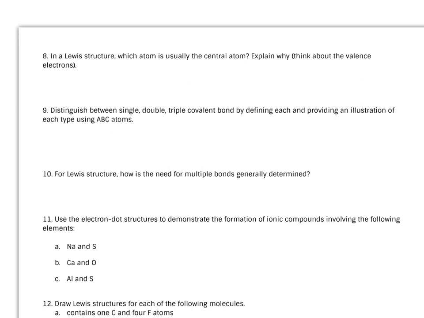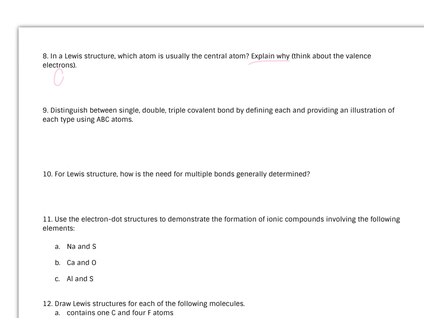Okay, page 2 starts with number 8, and it says, in a Lewis structure, which atom is usually the central atom? Explain why. So typically, it is going to be carbon. And if you think about carbon, and we're explaining why, how many valence electrons does carbon have?